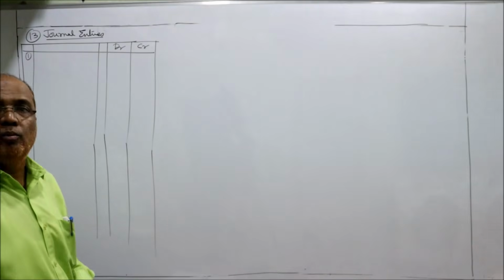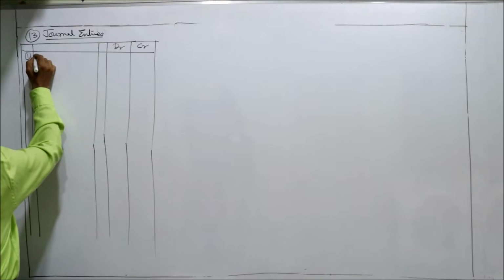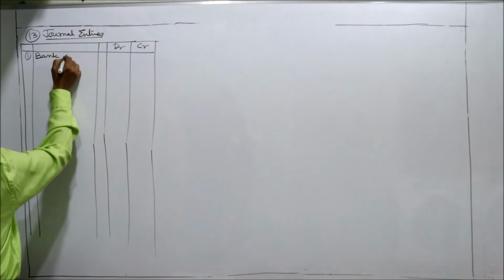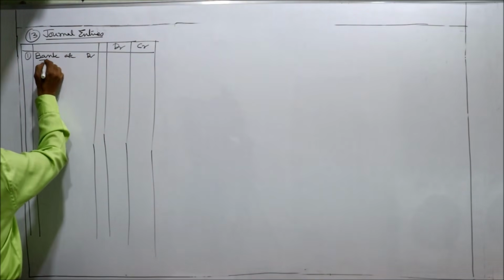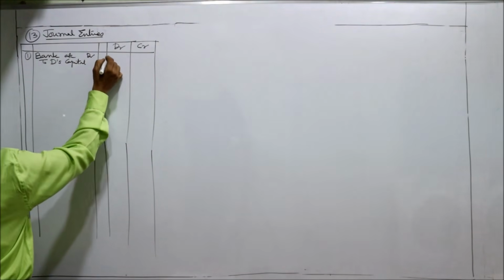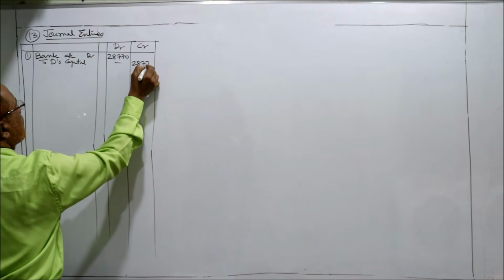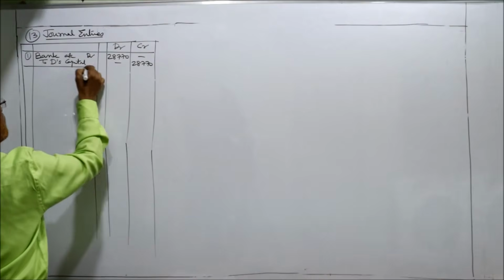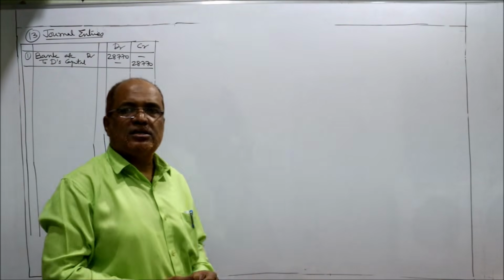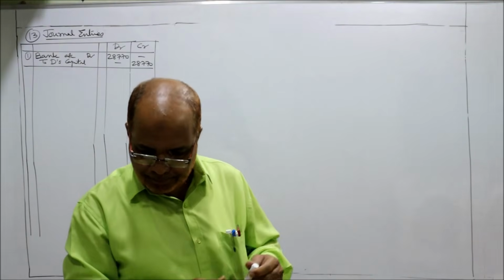How much capital the new partner D brings? 28,770. So bank account debit to D's capital 28,770. The narration you should write being the cash brought in by the new partner.